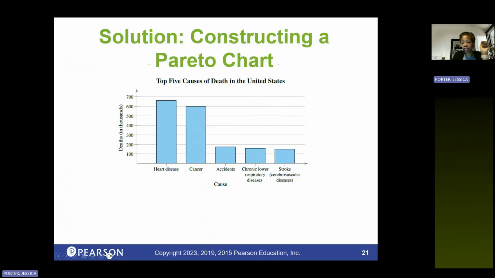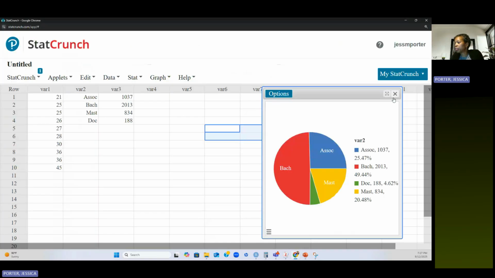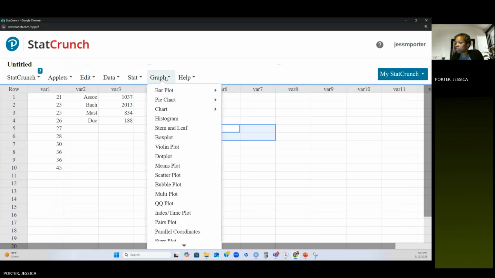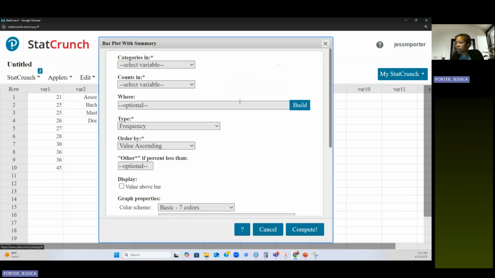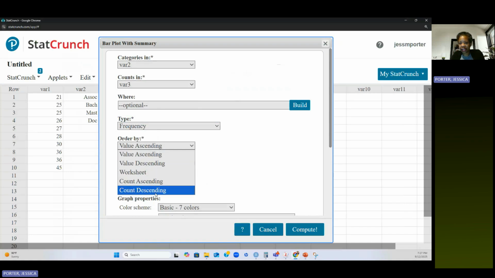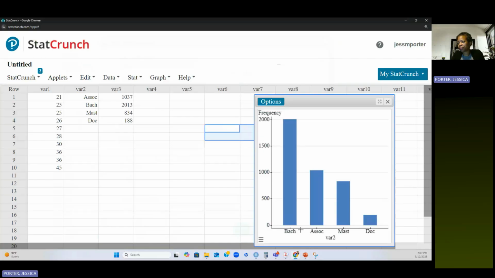StatCrunch does Pareto charts too. And we can make one: graph, bar plot with summary, categories in var 2, counts in var 3. So in order to get a Pareto chart, you have to do count descending where it says order by, okay, and computing.